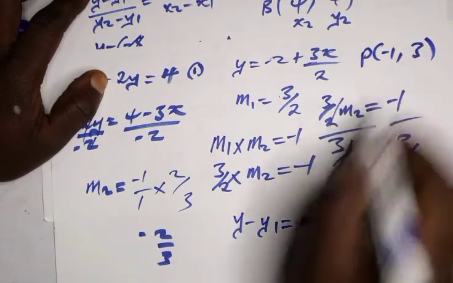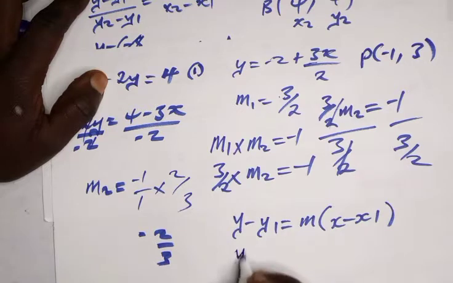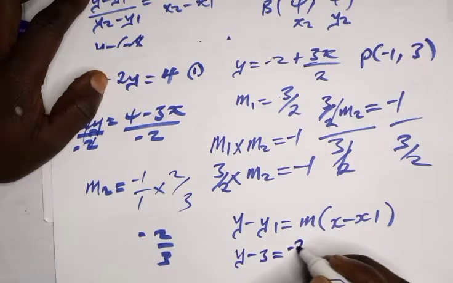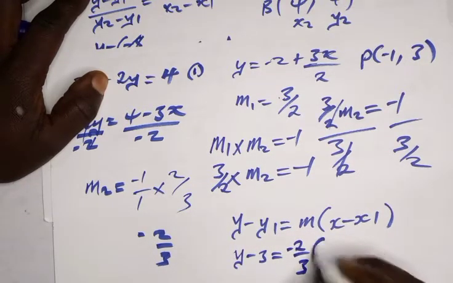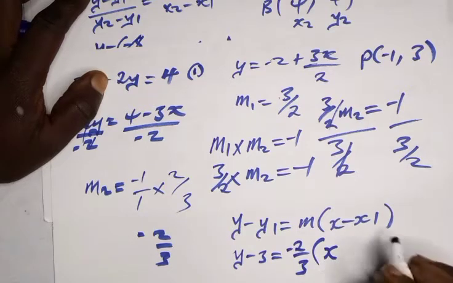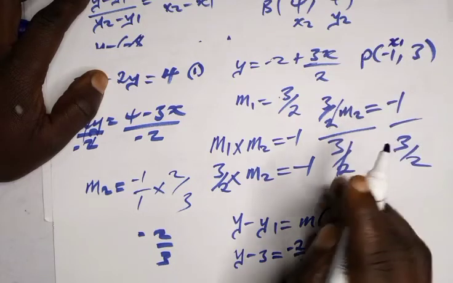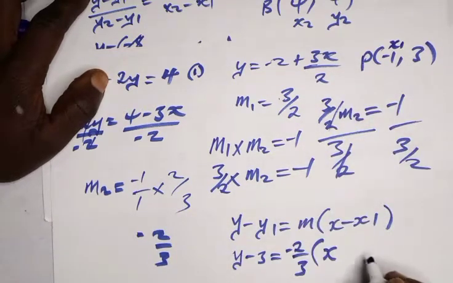For y1 we have y minus 3 equals the gradient which you have found for perpendicular, it is minus 2 over 3 open x. Here x1 we have found that it is minus 1, so here it will be positive 1.